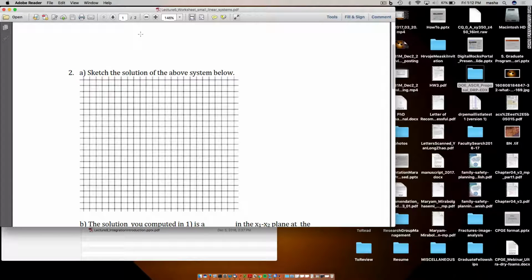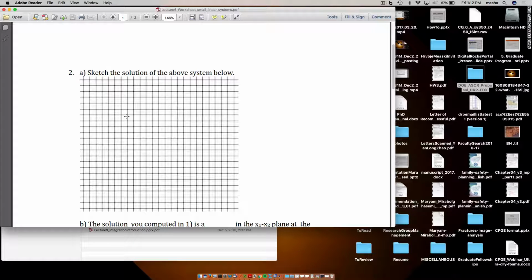Now, how are we going to attack this? Did you solve this system? What is the easiest equation to solve here? X3. So that's the one we start with. 4x3 is equal to 8, so my x3 is equal to 2. Now that I know x3, I can plug it into the equation above. So 3x2 minus 2 times 2 is equal to minus 1, which gives me 3x2 as 3, so my x2 is equal to 1.